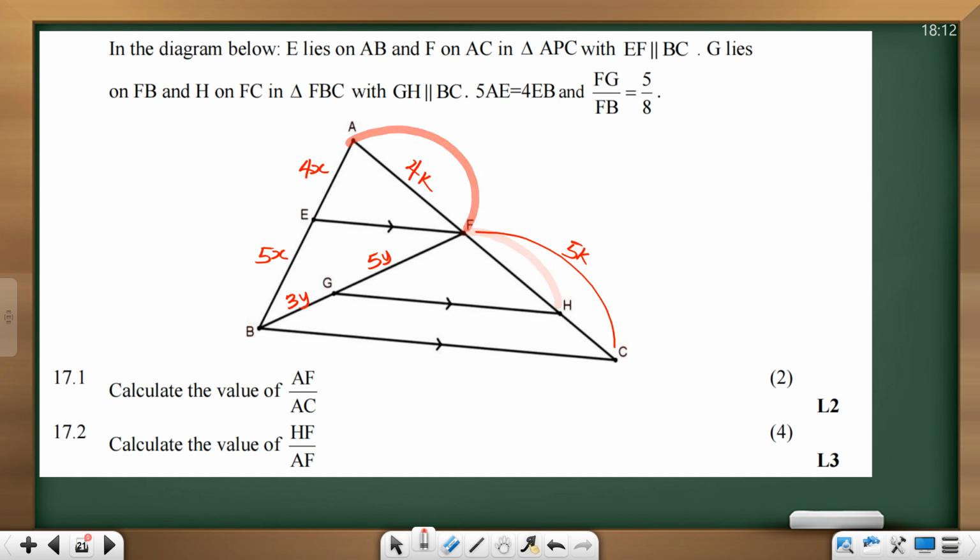What I should be thinking in my head is if I can get HF in terms of K, I'll be fine. Again, I should get HF in terms of what? K. But unfortunately for me, HF falls in another triangle completely.